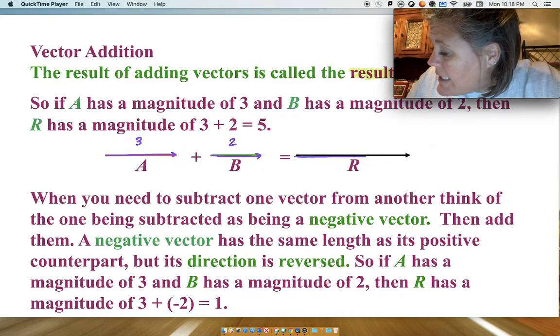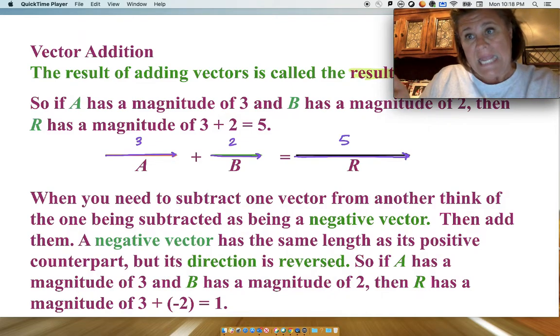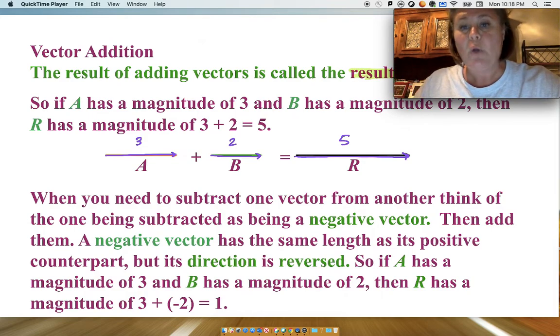That right here represents our resultant vector, which is 5 units to the right. So A is to the right, B is to the right. We're going to add those two vectors together.